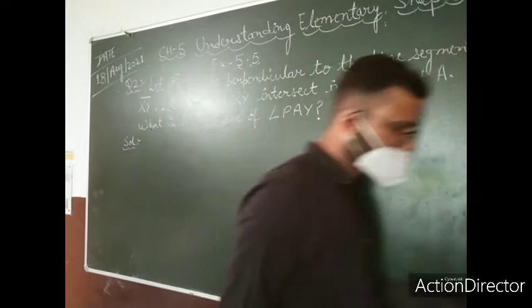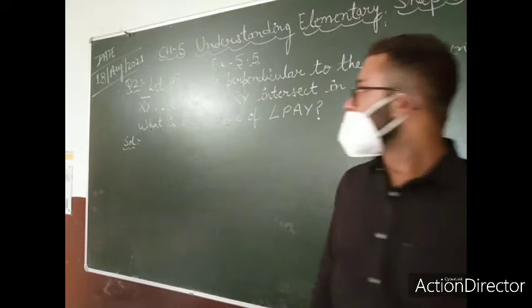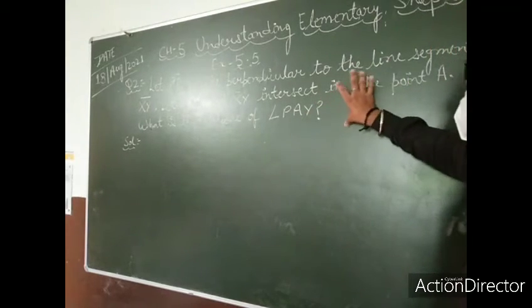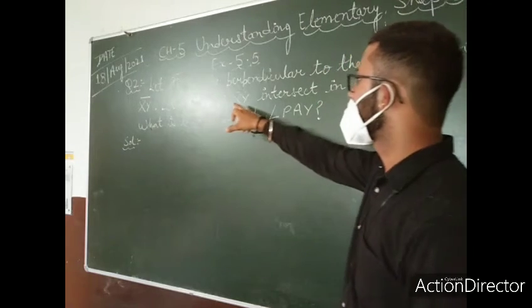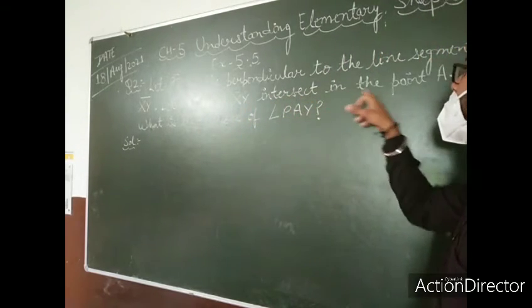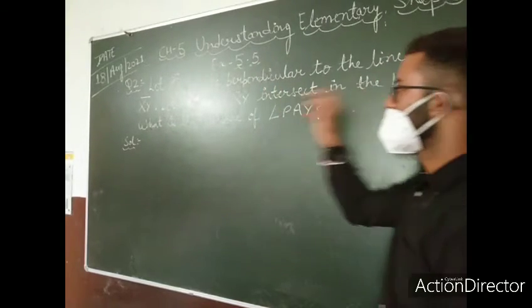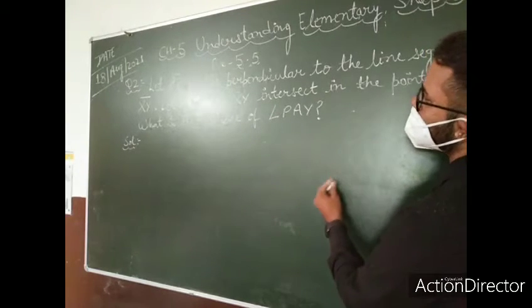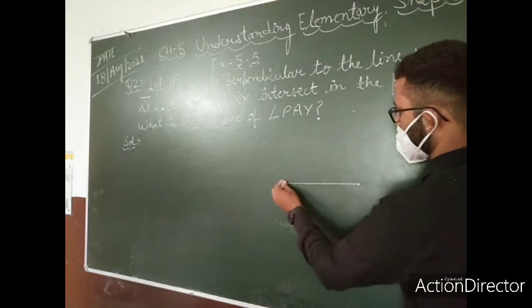Okay, so here first we discuss this question. Let PQ be perpendicular to the line segment XY. PQ and XY intersect in the point A. What is the measure of PAY? So first we draw XY.